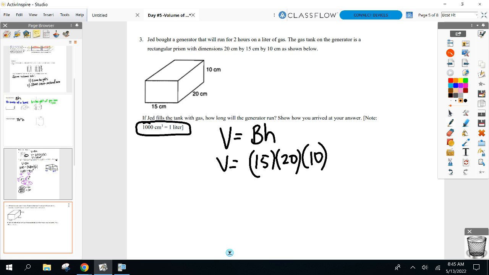And yes, if you're picking this up, it's length times width times height for rectangular prisms. All right, here we go. So calculate that. I'm getting that the generator has 3,000 cubic centimeters of space.